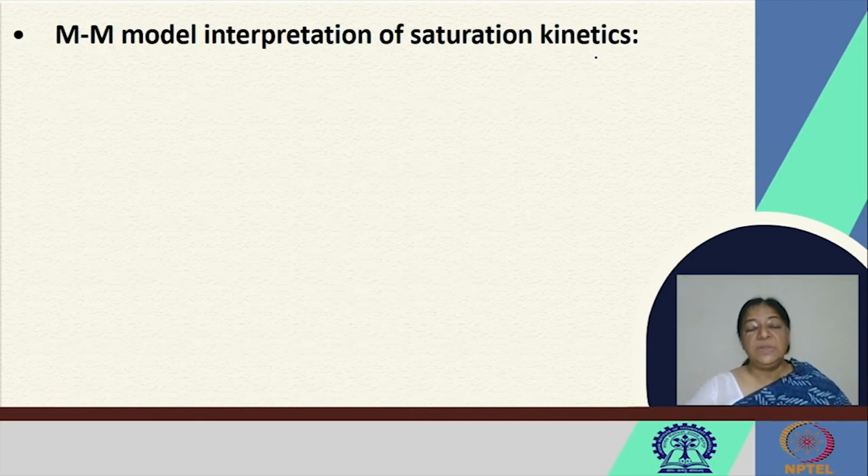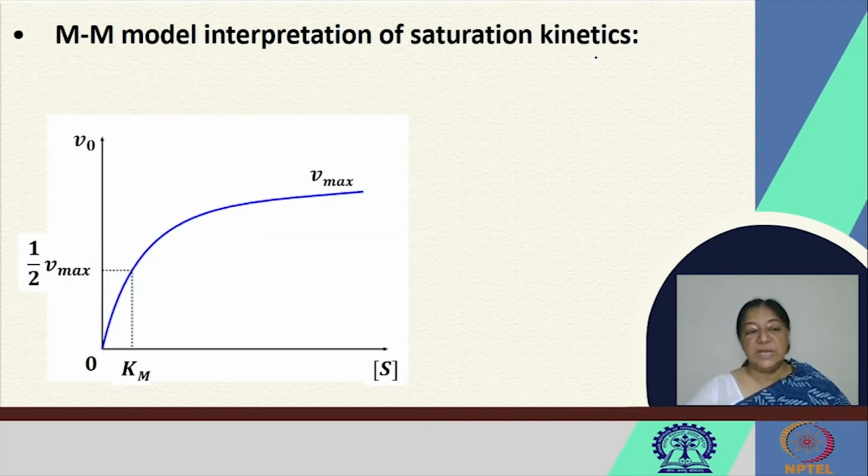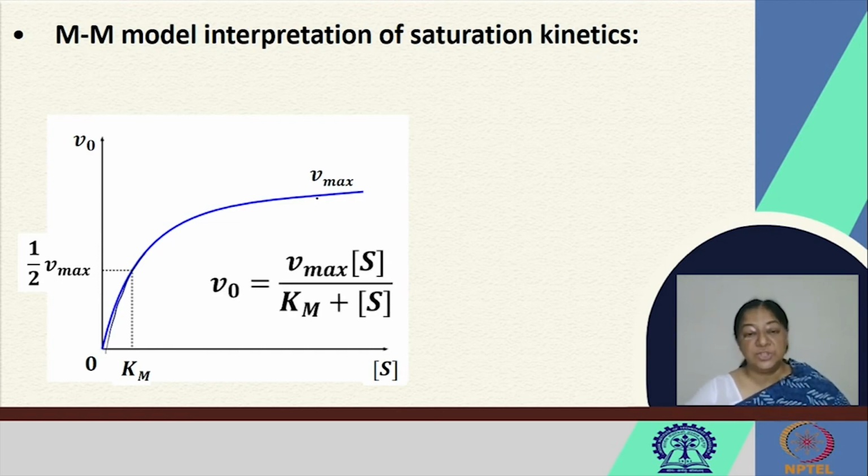If we look now at the interpretation of the saturation kinetics in terms of the curve where we plot the initial velocity versus the substrate concentration, initially we considered a first order reaction followed by a second order reaction. So this is our expression.